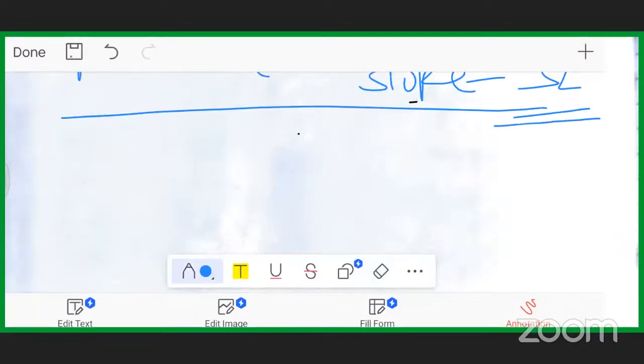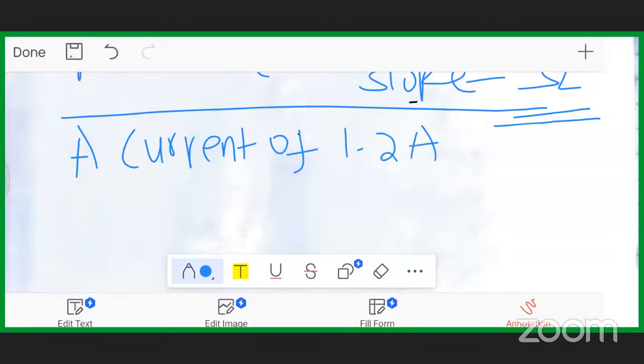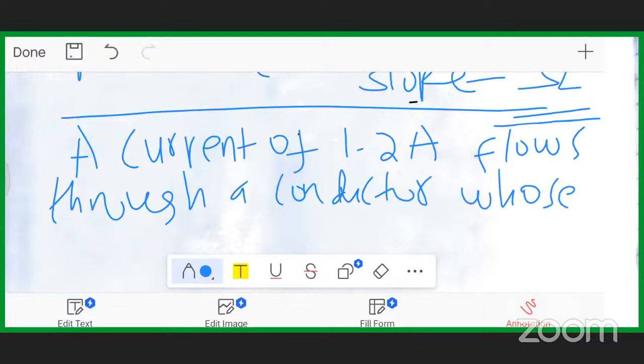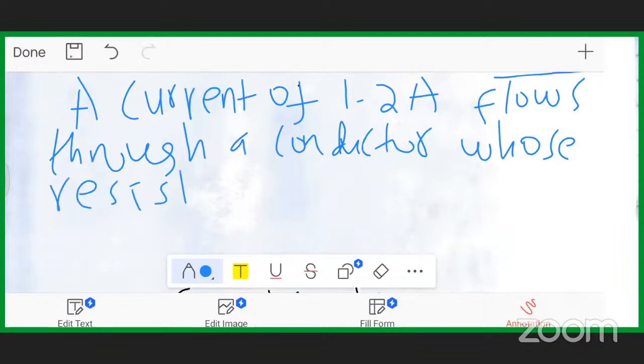Say that a current of 1.2 amps flows through a conductor whose resistance is 3.0 kilo ohms.